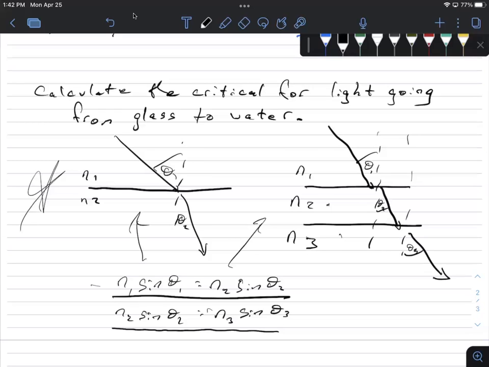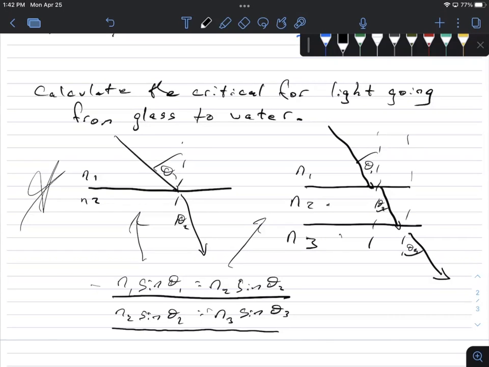Angle of refraction is the angle that the light makes when it goes into a second material. Okay, so you have, let's say, the angle of incidence. That's the angle of the light when it's coming in, the very first angle. Incidence because it's coming in. And an angle of refraction is the angle theta 2, the angle going into the second material.